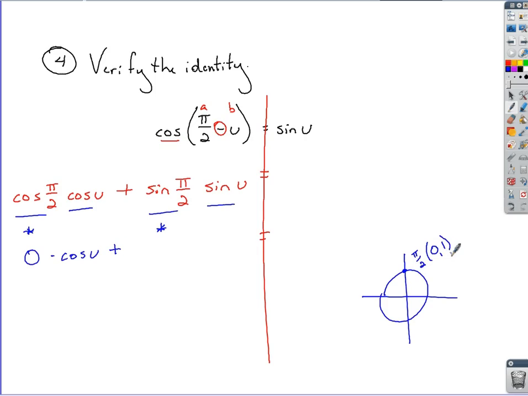That would be 1. So I replace sine of pi over 2 with 1. I'm multiplying that to the sine of u. As we multiply everything out, 0 times cosine of u is going to go away, and notice what you're left with. 1 times the sine of u. We verified the identity.